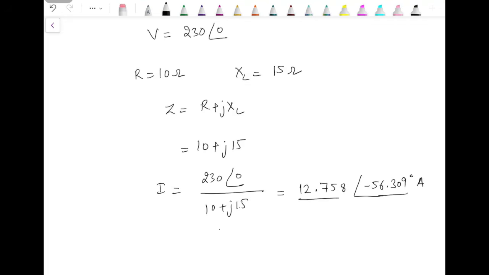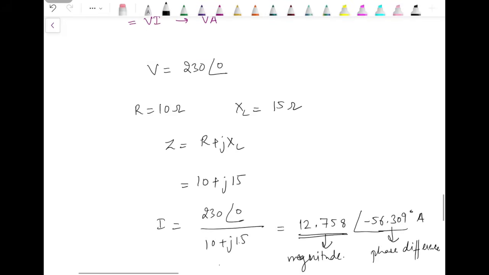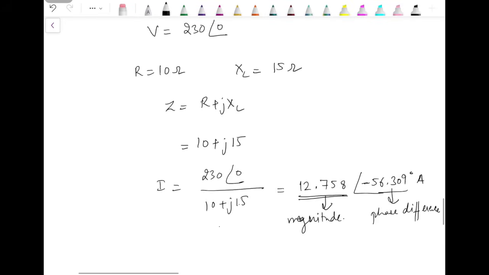So this is the magnitude of current, and this one shows the phase difference from voltage. Negative sign means current is lagging behind the voltage.